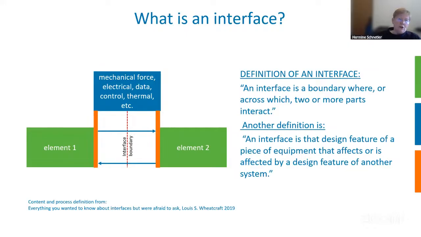But also, if I go back one step, what is the definition of an interface? I think we sometimes go too quickly to the implementation side and don't think about the physical phenomena that need to be transferred between system A and system B. And this could be electrical, electrons, photons, control, data, thermal, mechanical forces, whatever, how many ever physical parameters we have, it could be any of them.